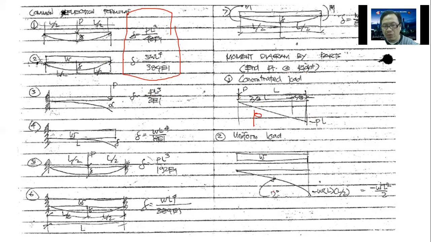If this is a uniform load, it is WL squared over 2, because the resultant load is just WL, and then you have L over 2 for your centroid distance. That's why you have WL squared over 2. That's negative because it's going down.